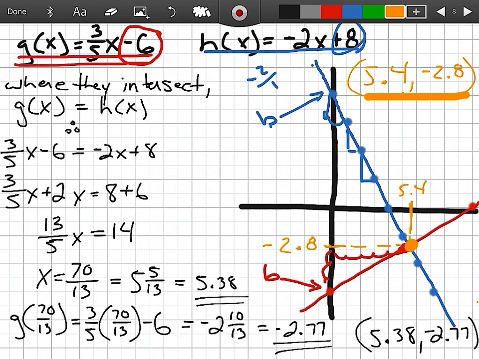Then the next thing it says is show where it intersects numerically, meaning using the math. Don't draw it, but use the math. So what is unique about having these two functions is that I now see that they are equal to each other. So at this point, g of x is equal to h of x.